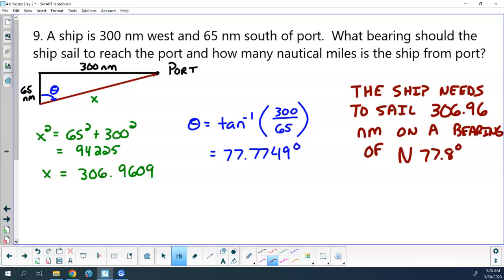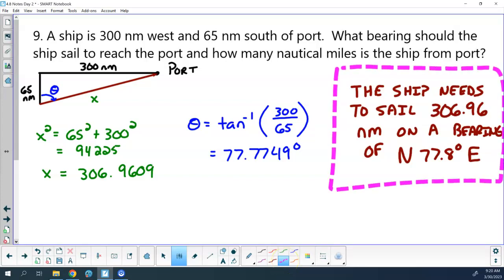West is left, east is right. East. There you go. So the ship needs to steam for 306.96 nautical miles on a bearing of north 77.8 degrees east.